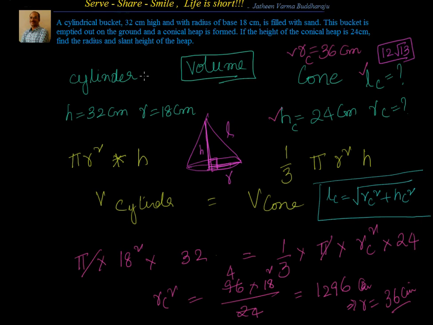That means the cylinder is now converted into cone, but the volume will be the same because the sand quantity is the same. So equate both the volumes, then we can easily find out the radius of the cone. Once we know the radius of the cone, finding out the slant height is directly using the formula slant height equal to square root of radius square plus height of the cone square.